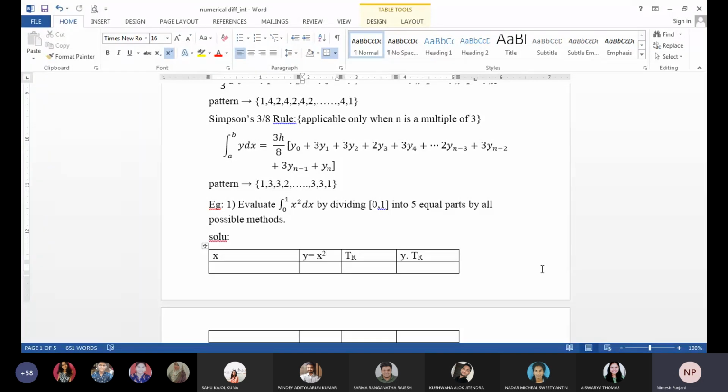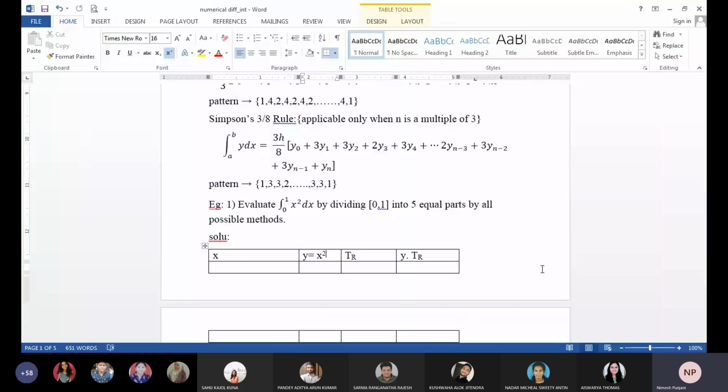Now see, here it is a simple sum, integration 0 to 1 x square. You will say, sir, this can be directly integrated. Fine. I didn't say that it cannot be done. I just said that the numerical integration technique will be mainly used for the sums where our traditional method does not apply. That doesn't mean we cannot use the numerical integration technique for the traditional method. We can very well do that.